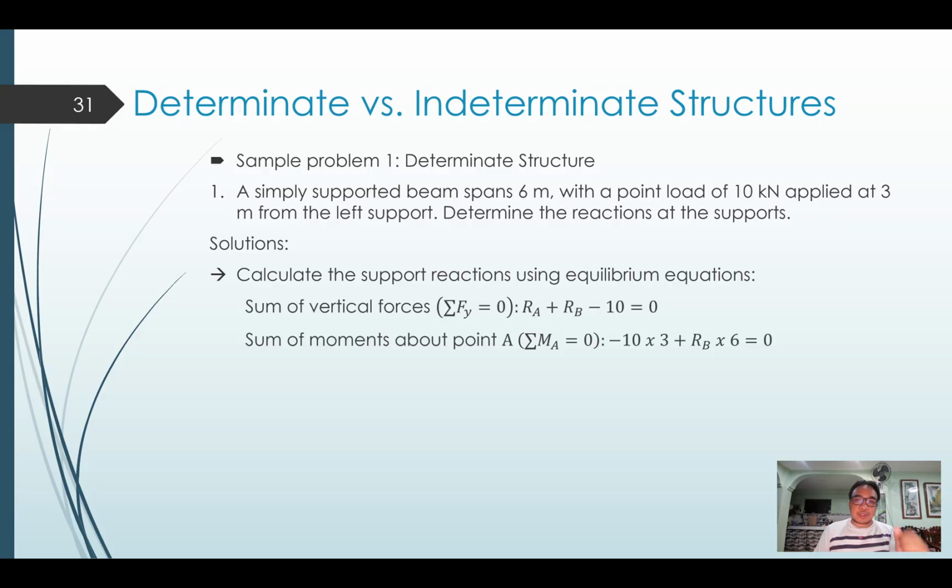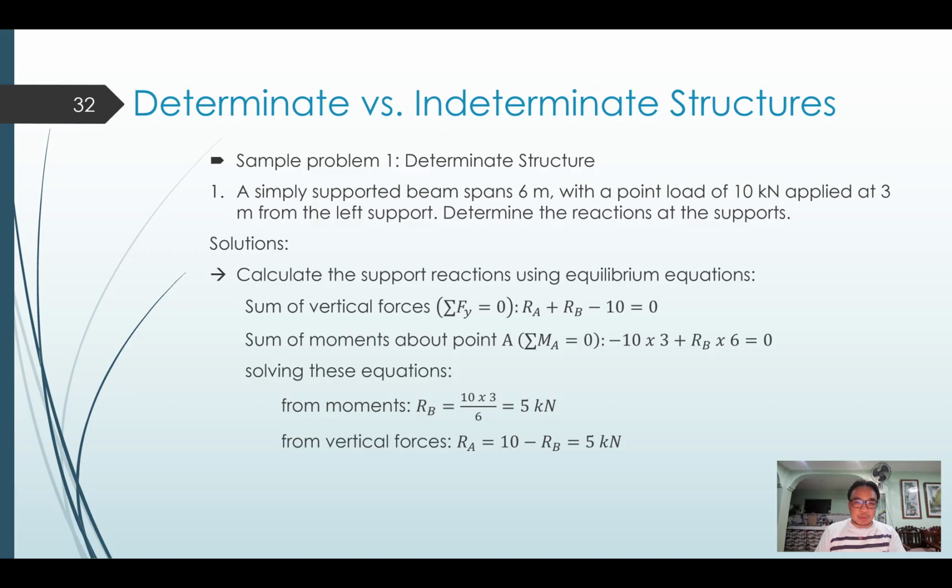Sum of the vertical forces is equal to 0. Ra plus Rb minus 10 is equal to 0. Sum of moments about point A, summation Ma is equal to 0. It's minus 10 times 3 plus Rb times 6 is equal to 0.